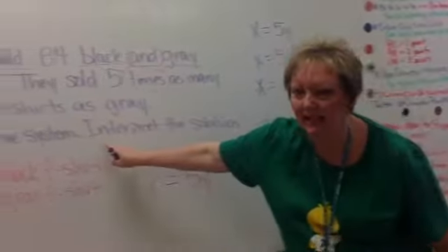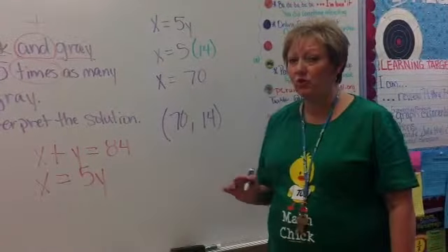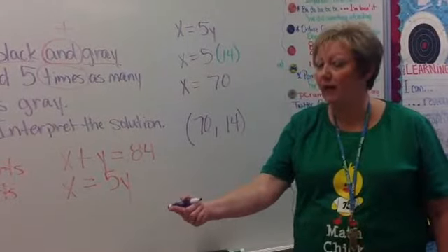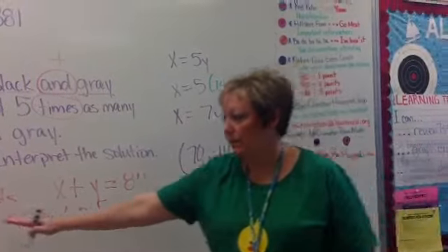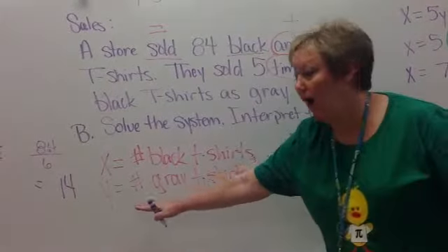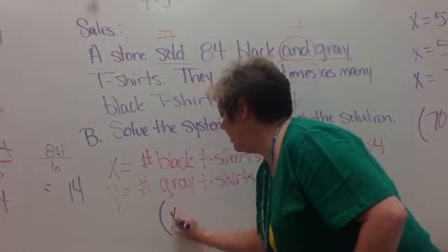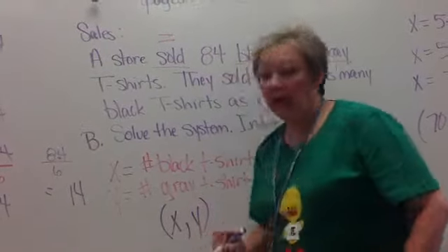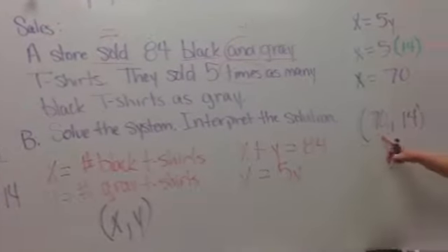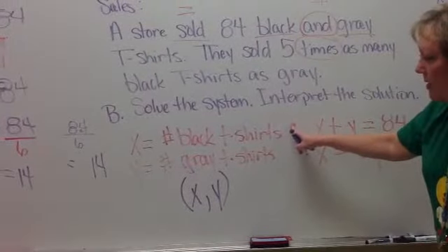But this says interpret the solution. So what does this solution mean? That goes back to where we defined our variables at the start of the problem. X equals the number of black t-shirts. Y equals the number of gray t-shirts. Remember, ordered pair: X comes before Y. X, Y. X is the number of black t-shirts.